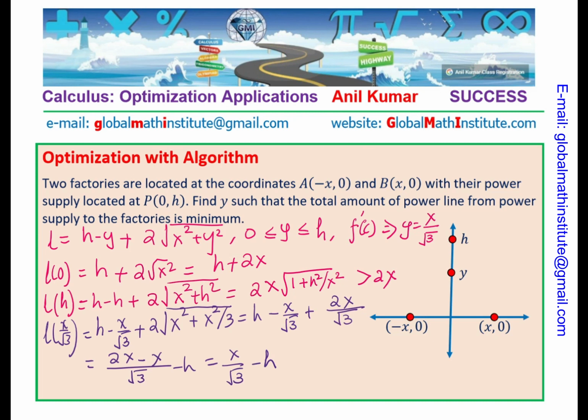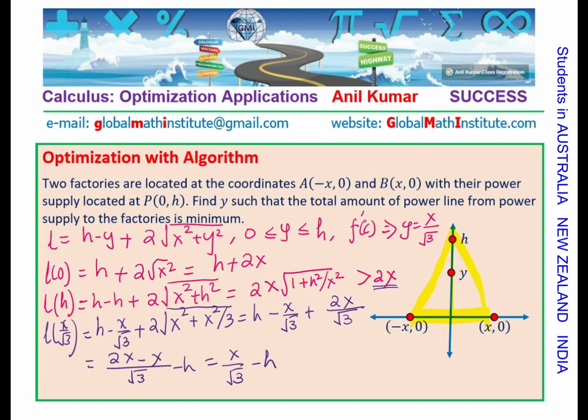So you see, in this case, this is x over square root 3. Those are approximately greater than 2x. You get the idea, right? So those two are the options which is kind of like this or like this. You see that?